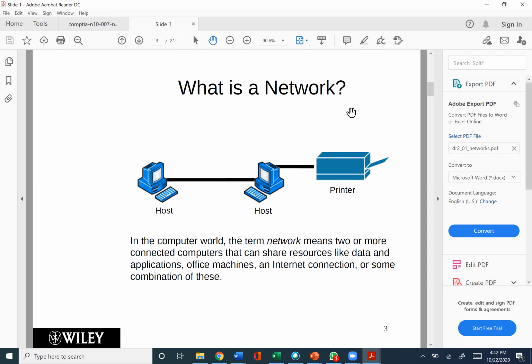A network is basically a combination of two or more hosts getting together to create a small network. The purpose of this is to share data, to share information. Whatever data, it could be voice data or regular data, whatever protocol they use. Basically, a network is just the connection of two or more things together.